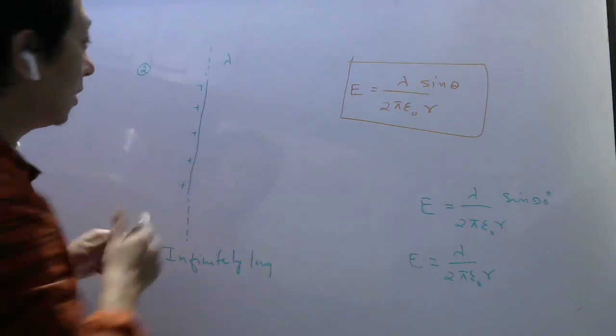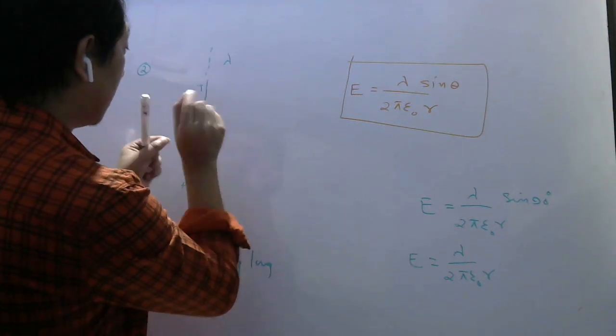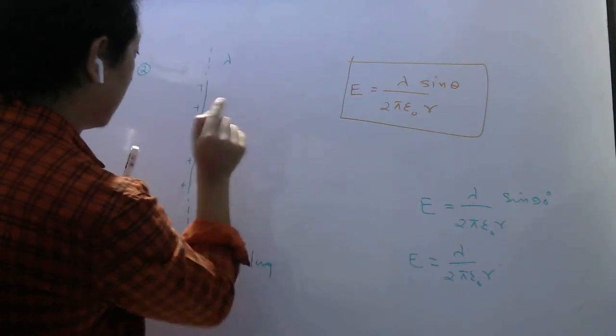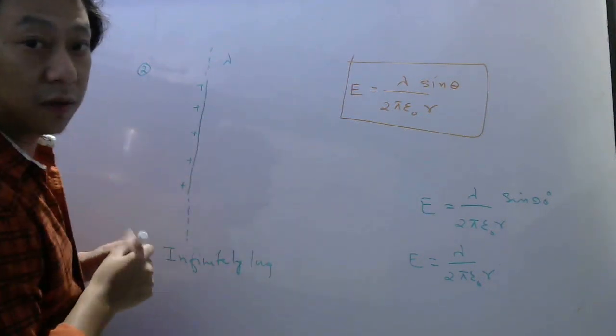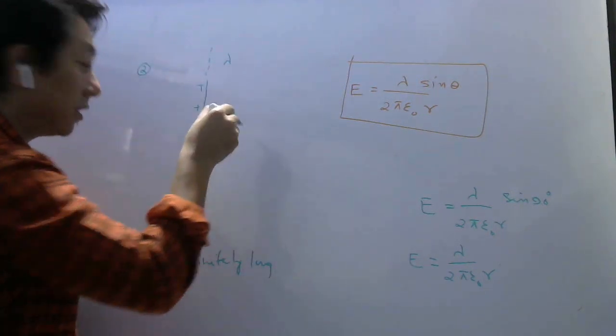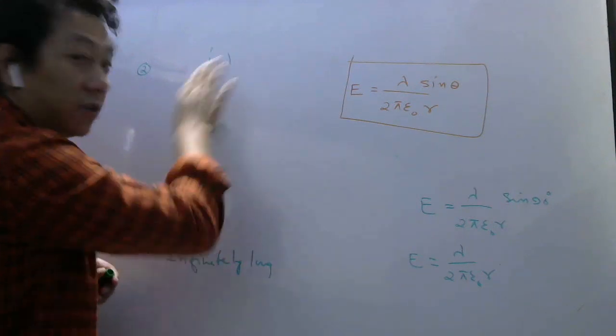Now what I am doing, I am throwing an electron this way. Let us see what happens to this electron, whose velocity is into the board. It is going perpendicular to this board.